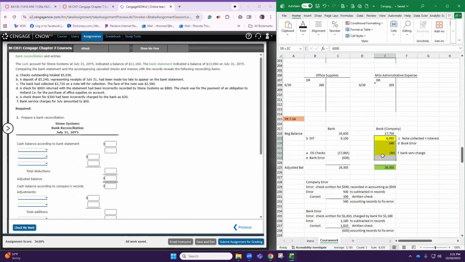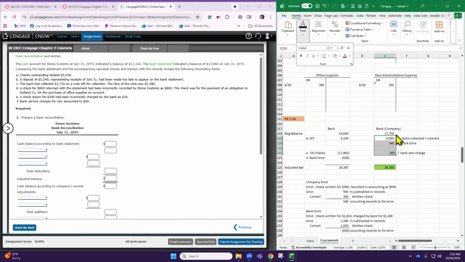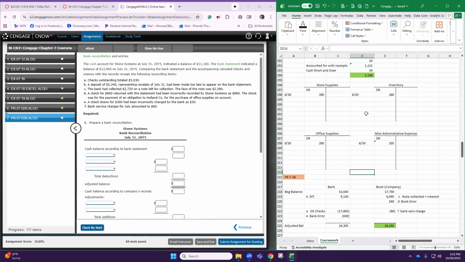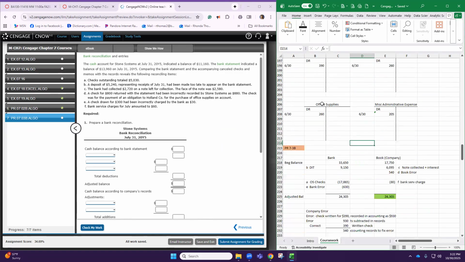Okay, so let's go ahead and start filling this in. We got the bank on the left and the book on the right, and this is 3B. So let me put B in. All right, and I don't remember if I did that up here or not. Yeah, I did. All right, okay.